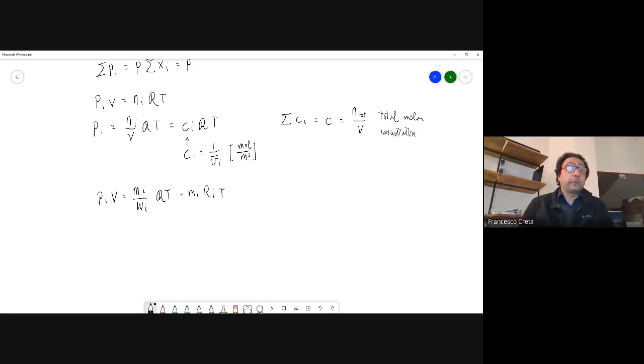If we further divide this by volume, we have the mass of i divided by the volume times R_i T, which is equal to rho i, which is a mass concentration of species i.